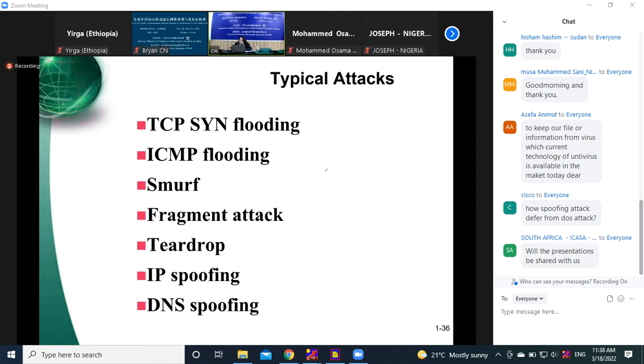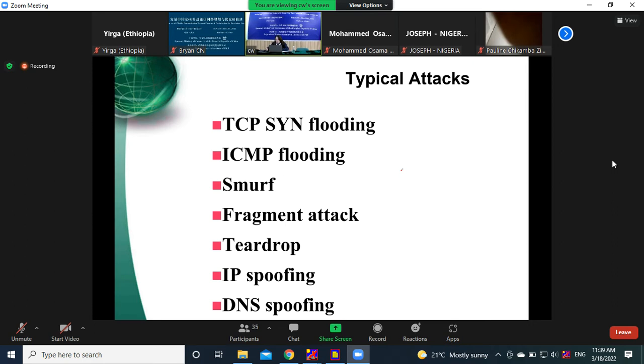But if the destination router receives these SYN packets and does not respond with an acknowledgement, then the destination router has to construct a longer connection queue, because the queue has not received the acknowledgements.